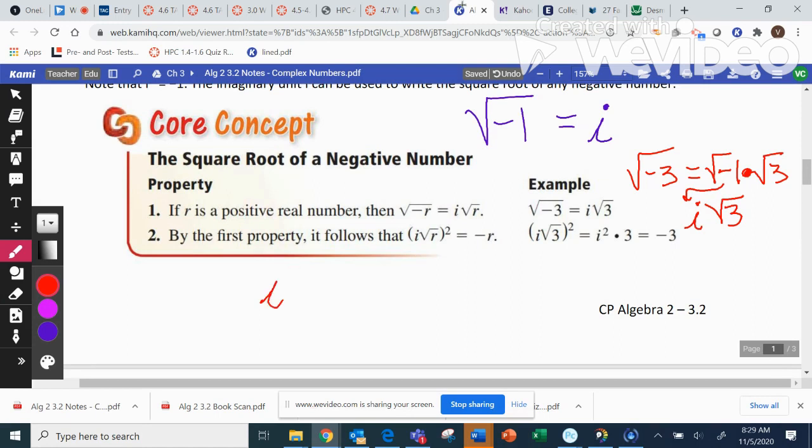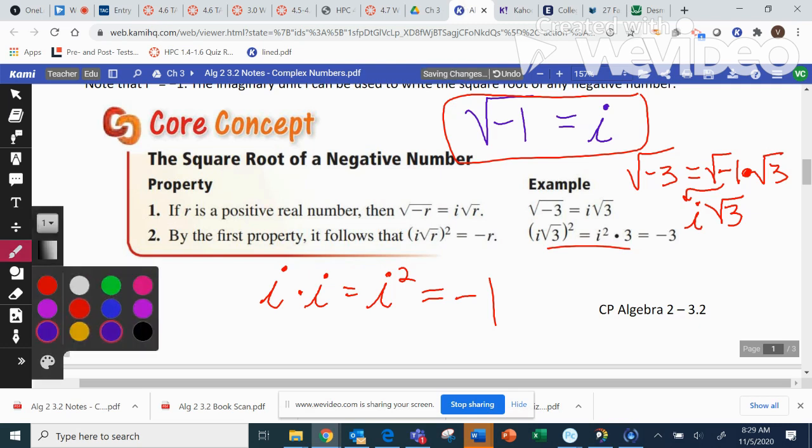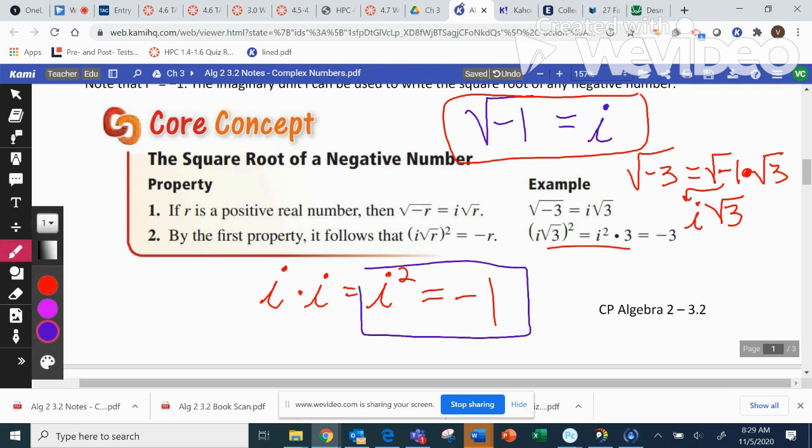And if we take i multiplied by i, which is i squared, that is the answer, -1. So the square root of -1 is i, and i squared is -1.